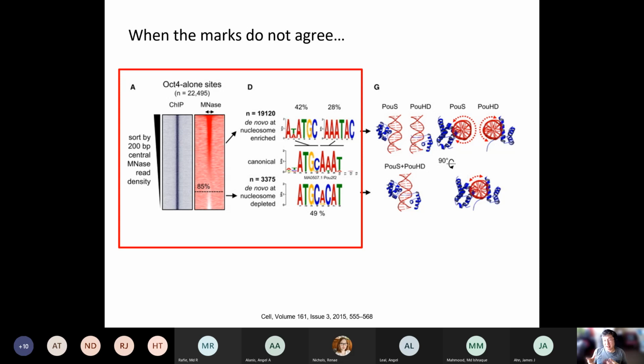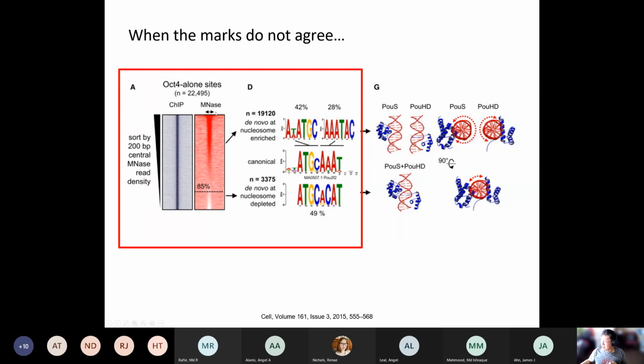That's one of the factors that Shinya Yamanaka used. So in some regions you have a lot of binding, in some regions you have less binding. So they put all the binding regions as shown here. They sort all the binding regions by read density, from high to low.